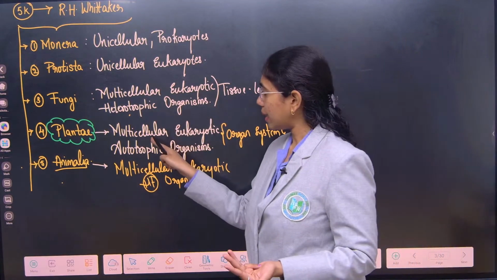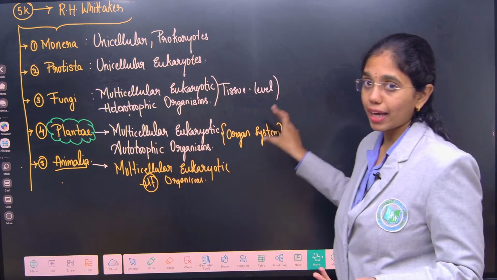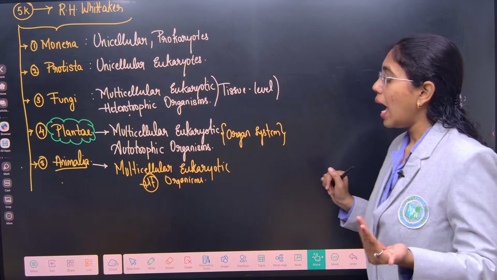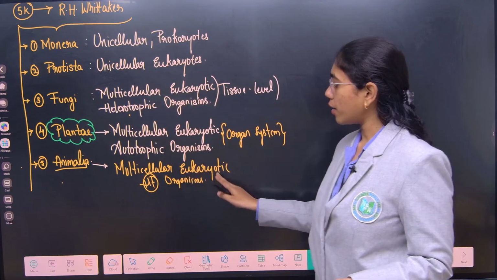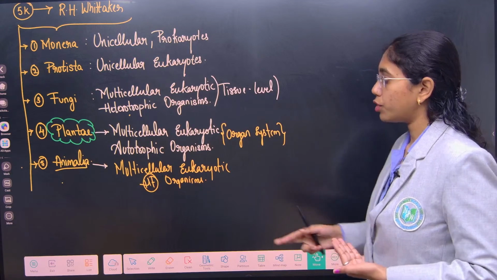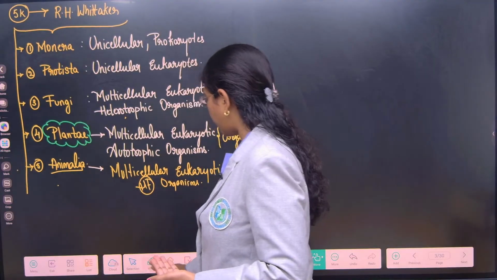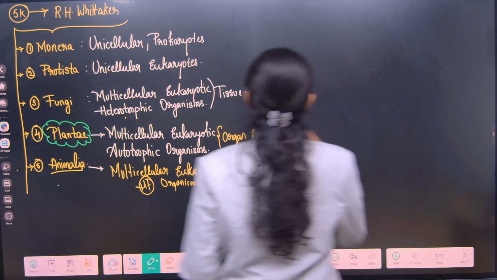Plantae, multicellular eukaryotic autotrophic organisms which is up to organ system level of organization. Animalia, multicellular eukaryotic holozoic or heterotrophic organisms, which is further divided into 9 phyla. Kingdom Plantae is divided into 5 divisions.